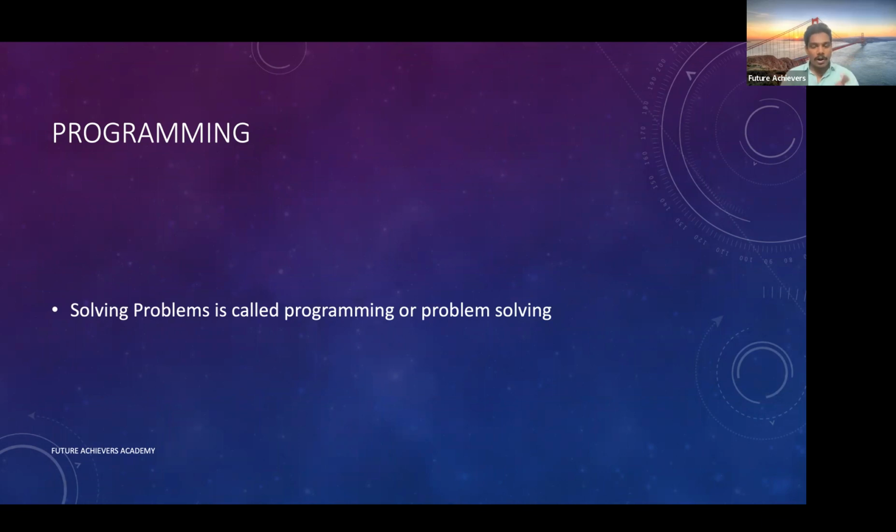If you know how to identify whether a given number is a prime number or not, then you can write a program for that. The steps that you need to know, that's actually called logic also. You will get to know that. But what is programming? Solving problems is called programming. Have this definition in your head.